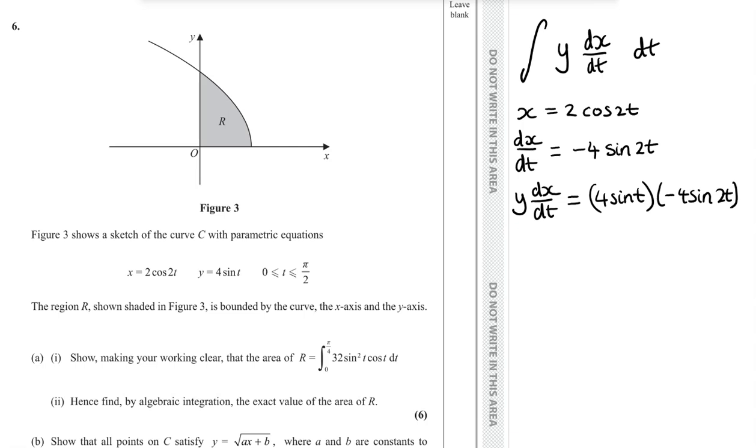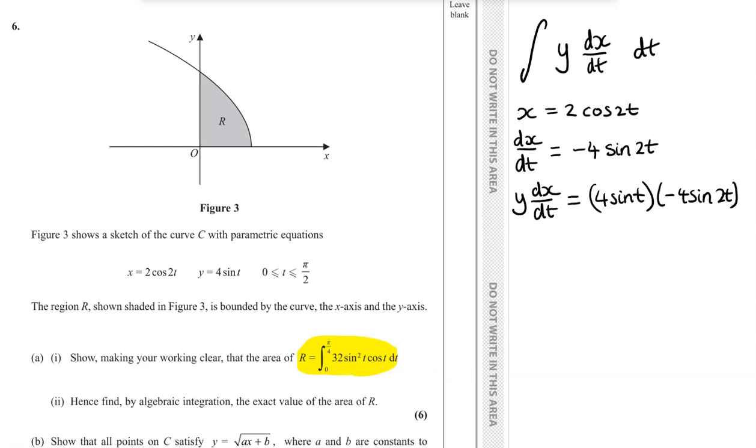And if I look at what I'm trying to show, now remember, this is always something to have in the back of your mind with show that questions: you are showing the steps of how you get there, but obviously you can have a look ahead to the format it's supposed to be in. Looking at the format here, I can see that we don't have any angles that are 2t. We've just got sine squared t and cos t.